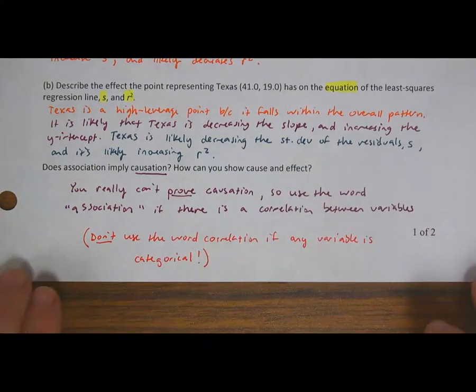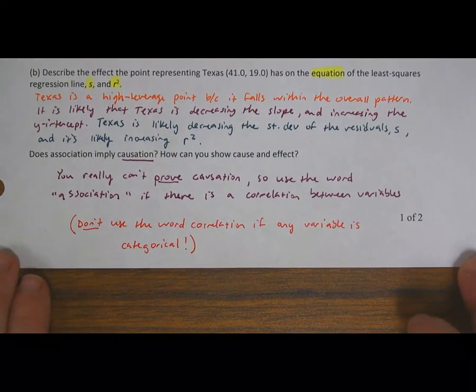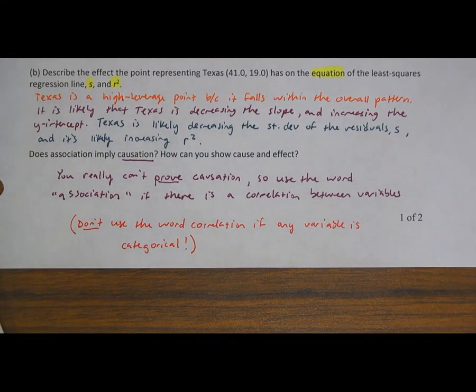We save the word correlation for when both variables are quantitative. If you just stick with the word association all the time, then you're not ever going to mess up. Just don't use the word correlation on the AP exam if one or both of your variables are categorical.